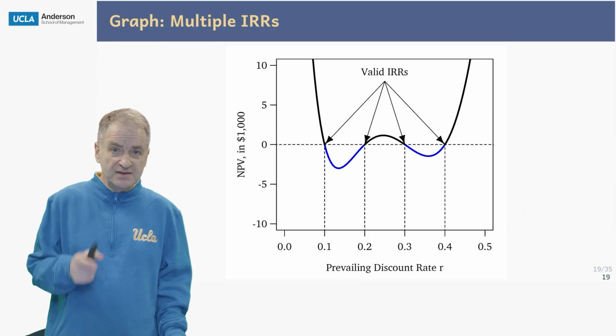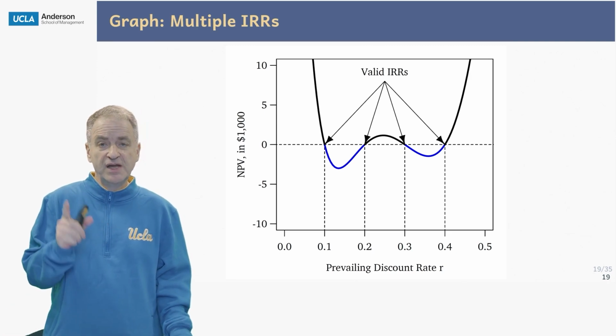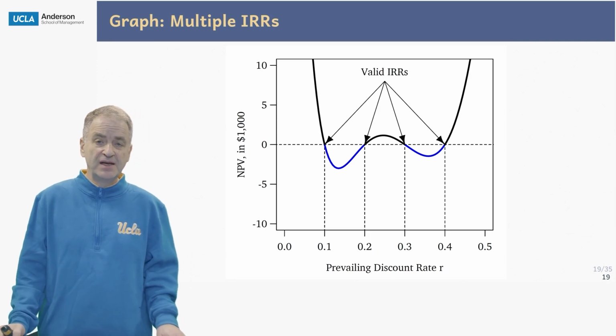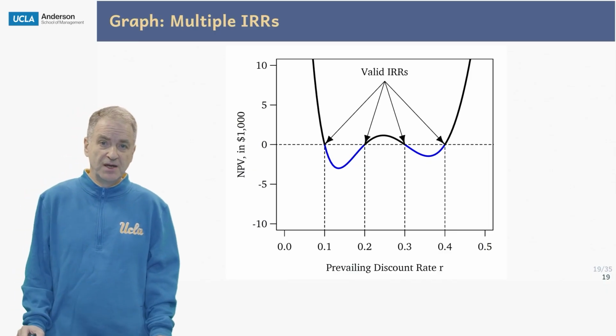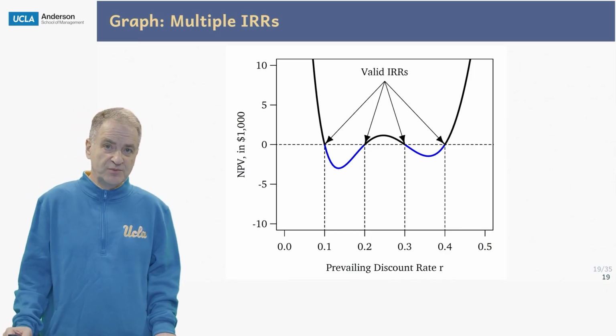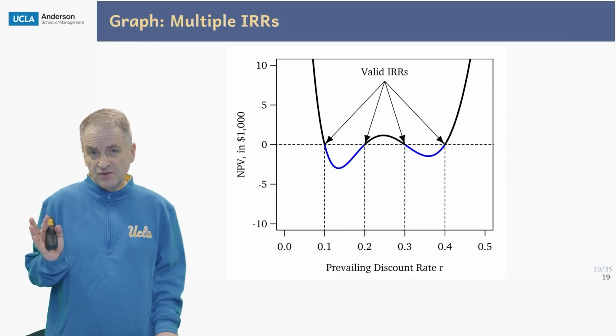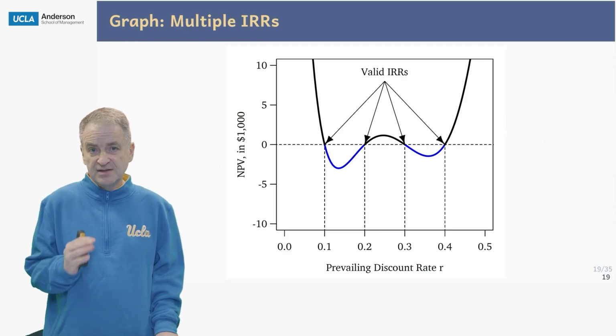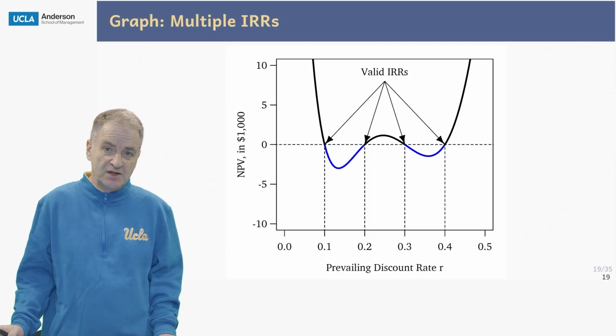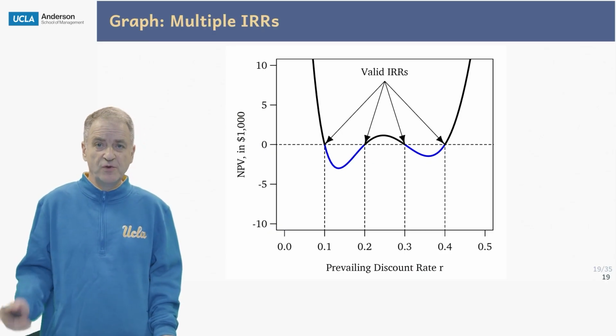And as you see, there are actually 1, 2, 3, 4 different valid internal rates of return. And it turns out you should take this project if the applicable discount rate is less than 10%, or between 20 and 30%, or above 40%.